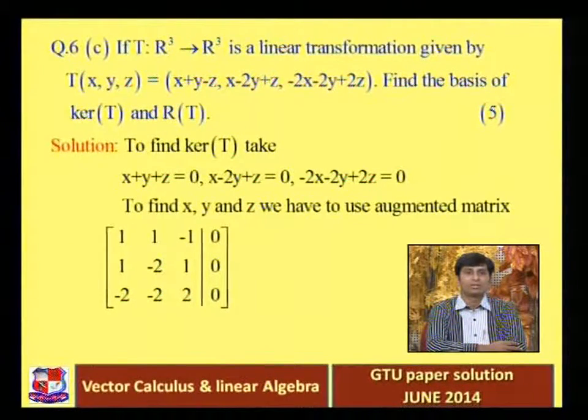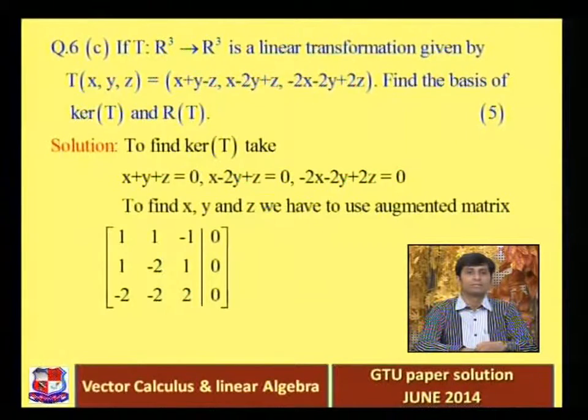Here we have a function T from R3 to R3 defined as T of x, y, z equal to x plus y minus z, x minus 2y plus z, minus 2x minus 2y plus 2z. As per our definition, we have to find such x, y, z such that the image of x, y, z under the transformation T is equal to the 0 vector, that is 0 0 0.